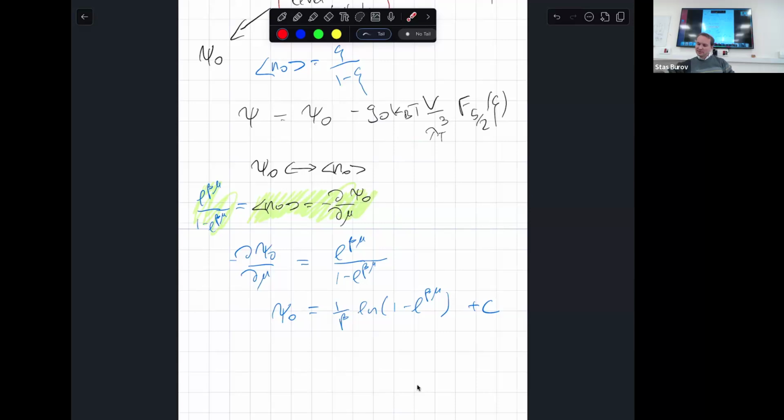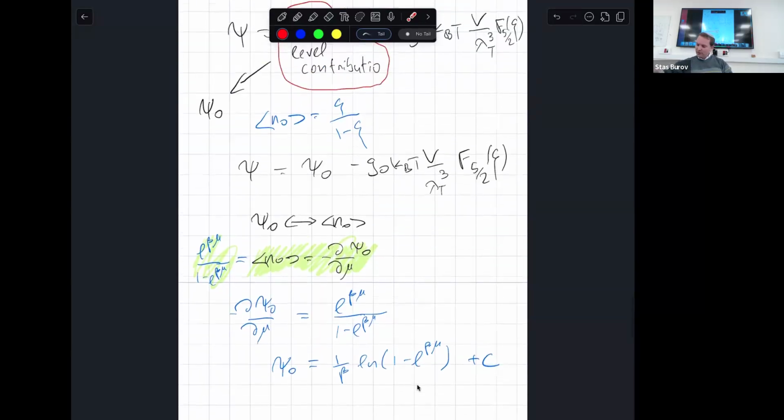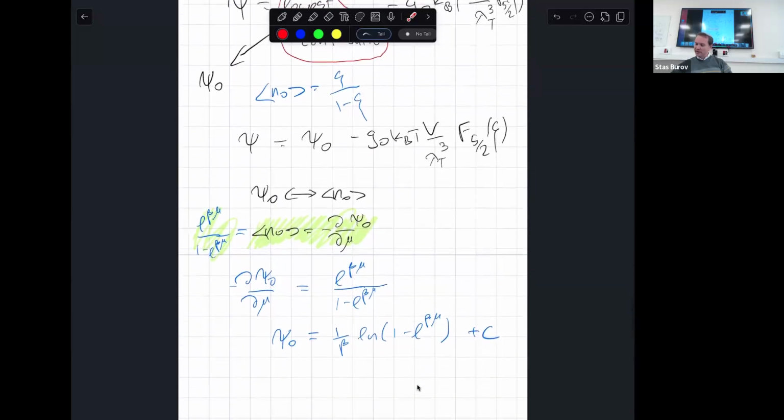This constant can depend on the temperature, but it does not depend on mu. Maybe it has a beta dependency, and now it matters. Maybe. Okay, so let's leave it without this C, and I will explain maybe later why this C can be 0. It's a good point.